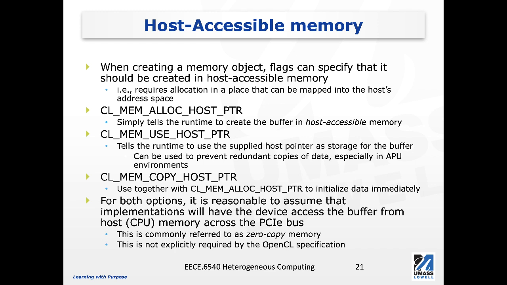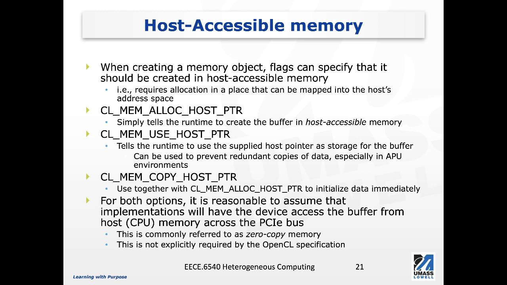For both the allocate host pointer and the use host pointer, it is reasonable to assume that the implementations will have the device access the buffer from the host memory across the PCIe bus. This is very common, especially to improve memory performance by using the so-called zero copy method.